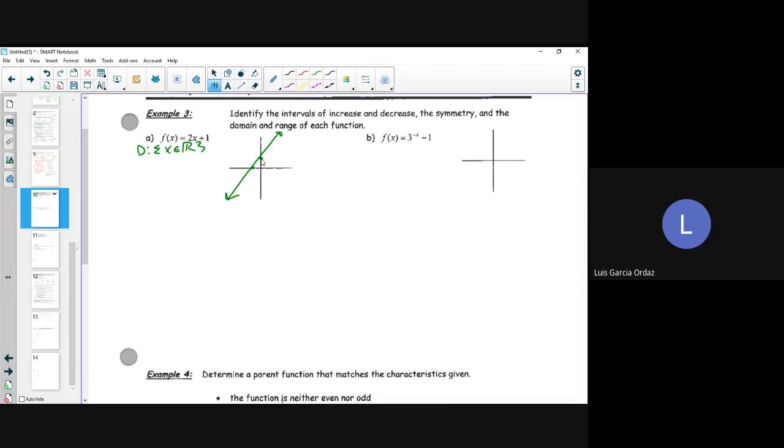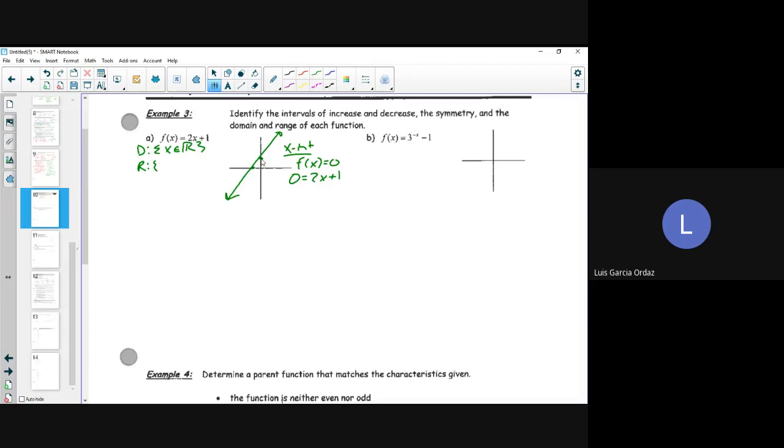How did you get the negative one? For the x-intercept, you just set f of x equal to 0. So you have 0 is equal to 2x plus 1.